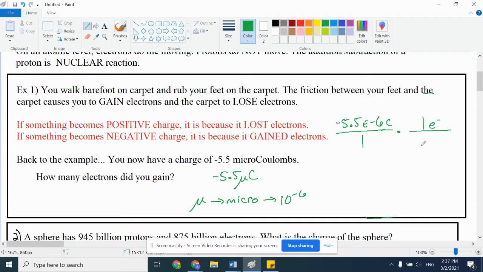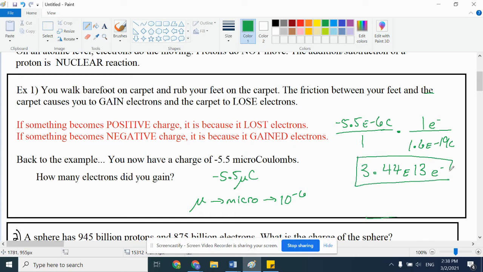Divide by 1 electron having 1.6 e negative 19 coulombs. Time to grab a calculator, and the result is you gained a total of 3.44 e 13 electrons. So about 34 trillion electrons.